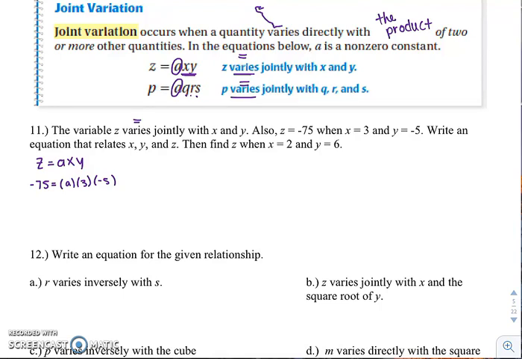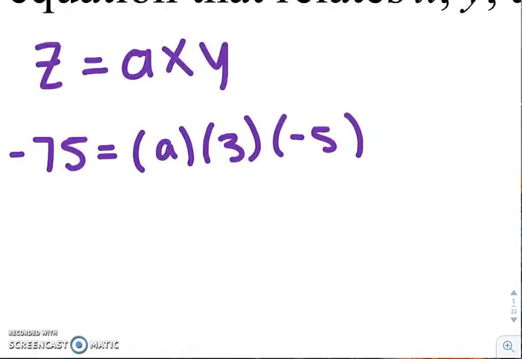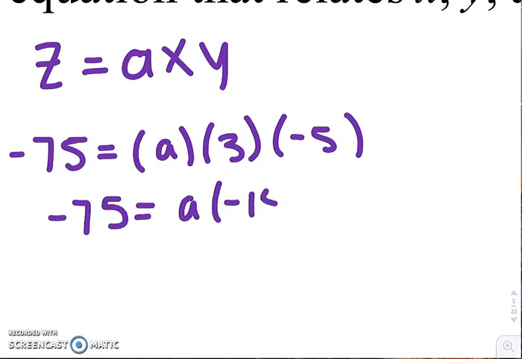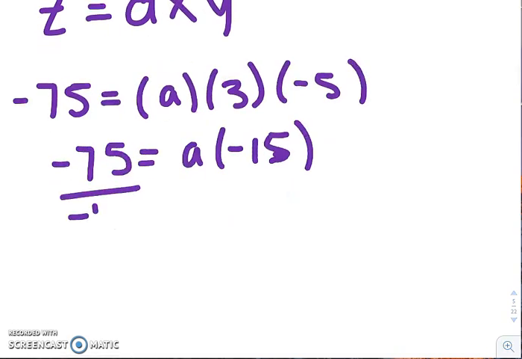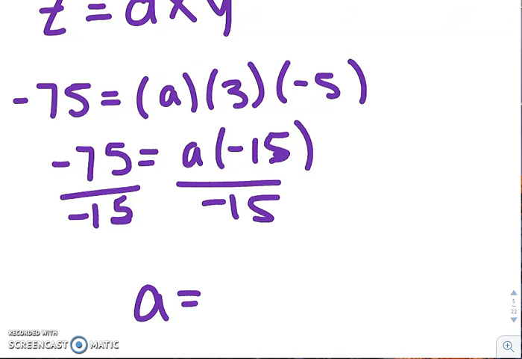So 3 times negative 5 is negative 15. And we'll just divide. Negative 75 divided by negative 15. So a is positive 5.